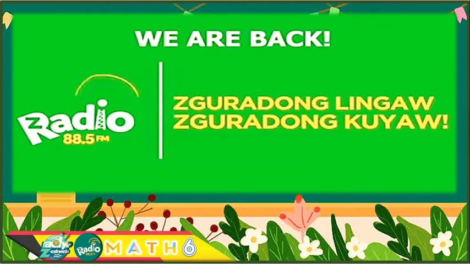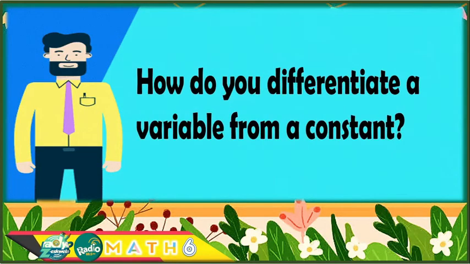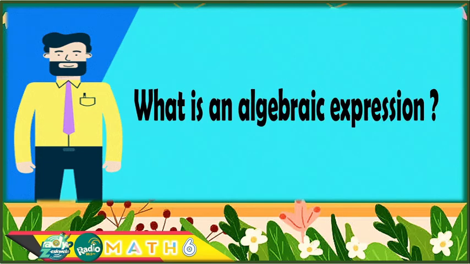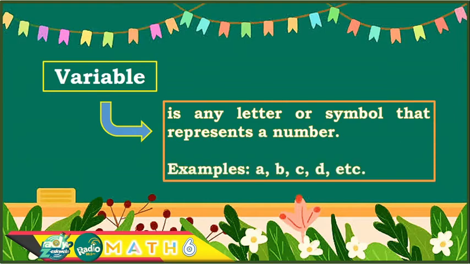Hello! Time to sit back and relax, for we are now in the last segment of our discussion. Recapping our subject matter as just a while ago, how do you differentiate a variable from a constant? What is an algebraic expression? Very good! Always remember that a variable is any letter or symbol that represents a number.